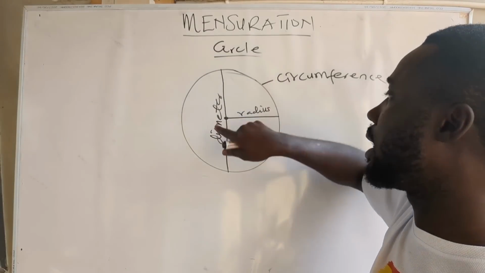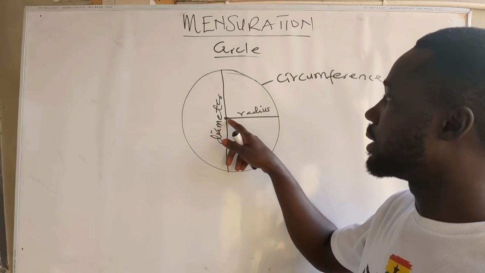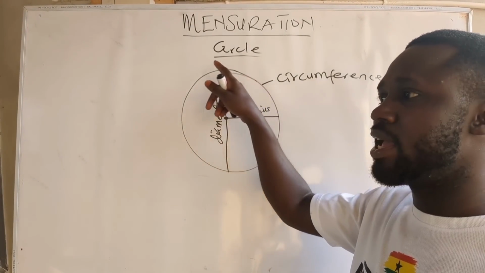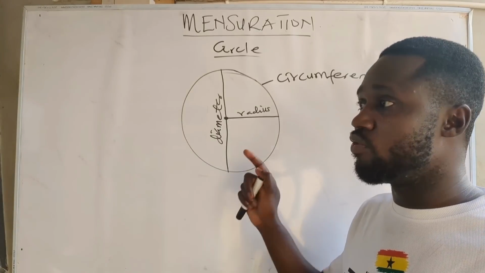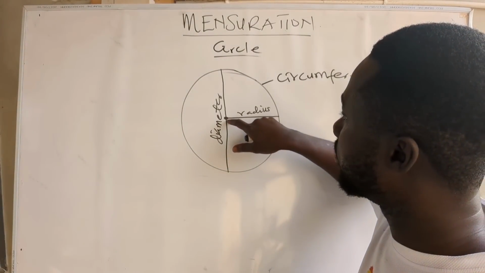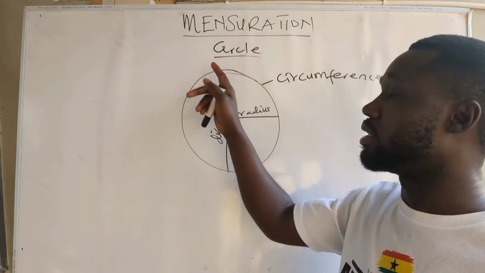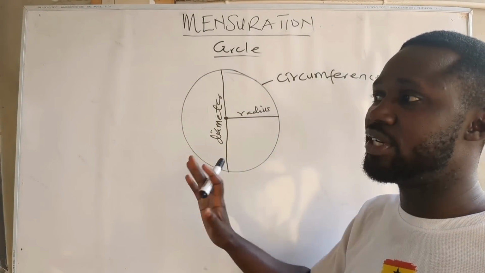A circle has just one center, and from the center to any point of the circumference of the circle is the radius. It's the same distance from the center to the circumference for every circle.